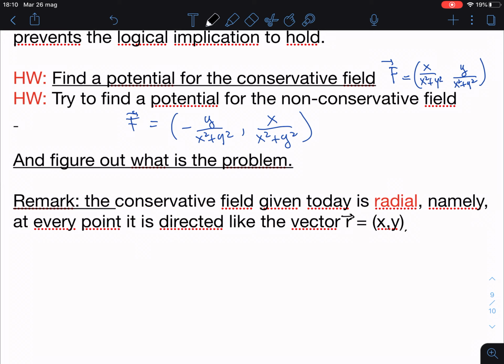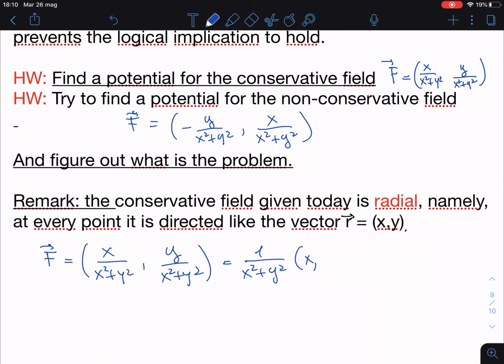Indeed, you have F equal to (x divided by x squared plus y squared, y divided by x squared plus y squared). So this is 1 over x squared plus y squared times (x, y). So it is r divided by x squared plus y squared.